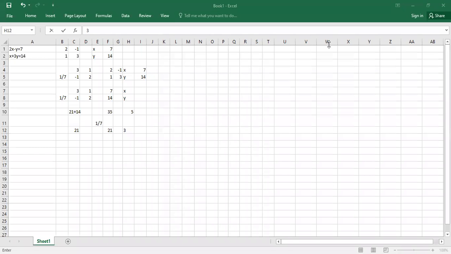So for the benefit of that person, I've said the steps of solving the simultaneous equation using matrices are four. You first model the simultaneous equation in the form of a matrix. The second step is to find the inverse of the coefficient matrix.